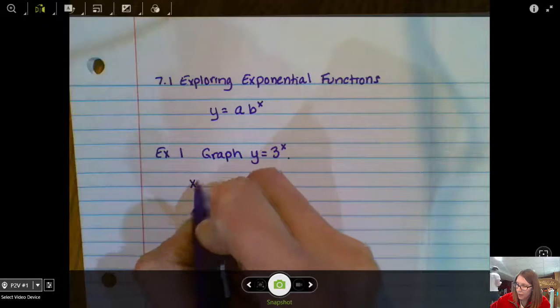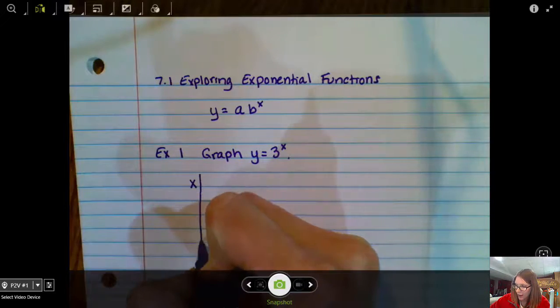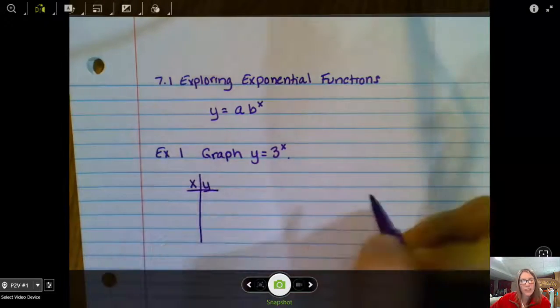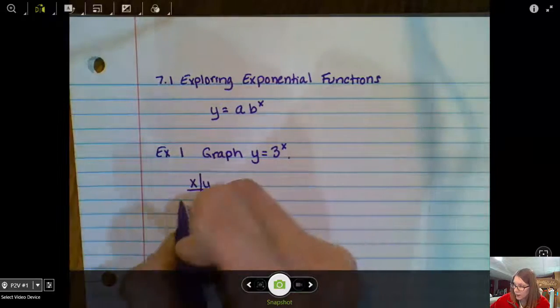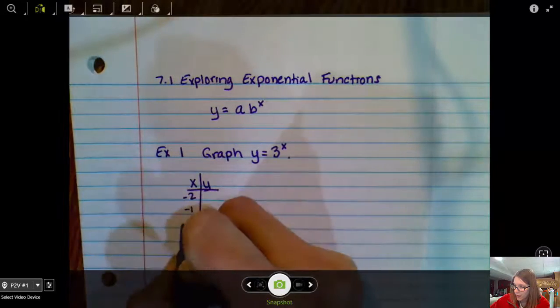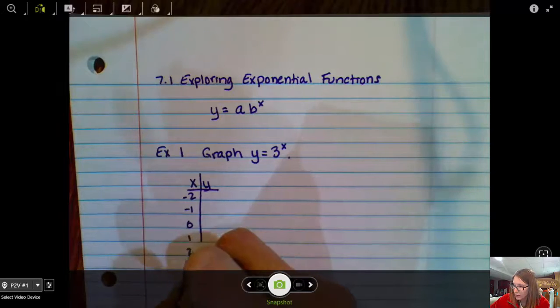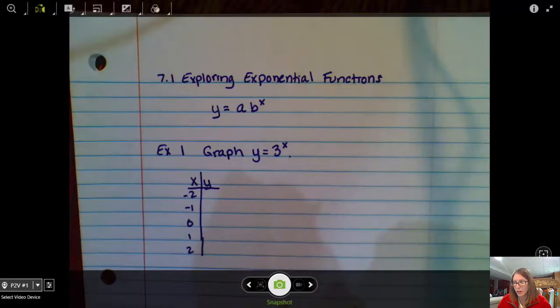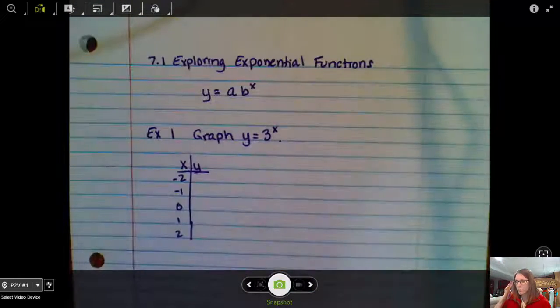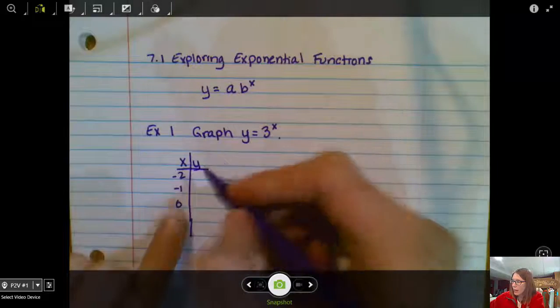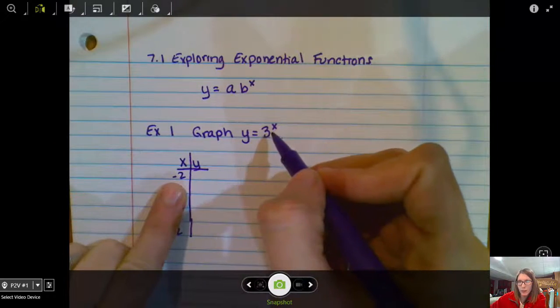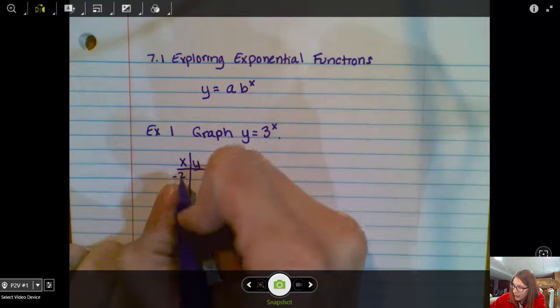So let's start off by making a table of some values to figure out what this function is going to look like. And let's use a couple negative x values, a couple positives, and then 0 in there too. All right, so first of all, if I take -2 and plug it into my equation here, 3 to the -2nd power.